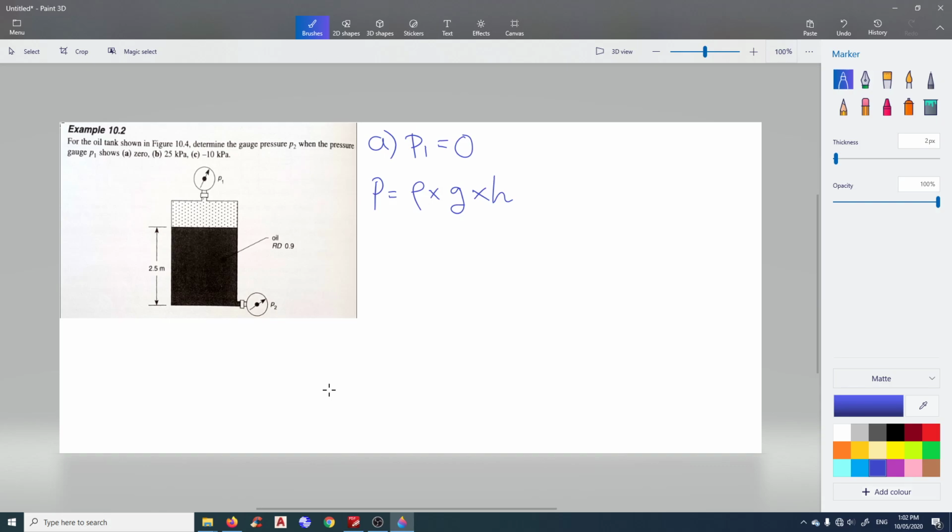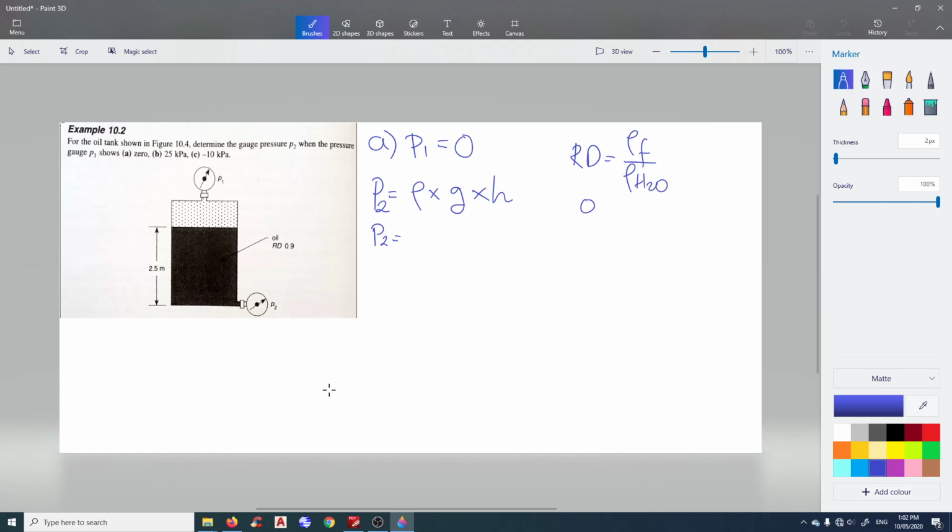So the pressure at 2, in this case, is P2. Density of the fluid is relative density 0.9. Remember the formula, relative density equals density of the fluid divided by the density of water.